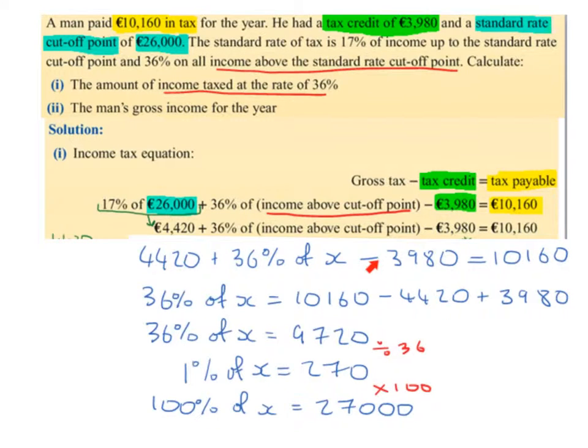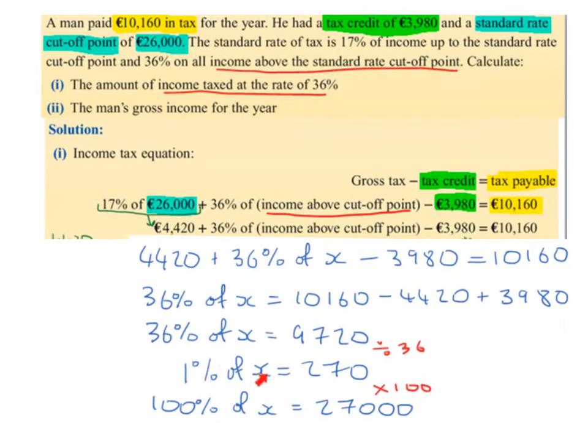That minus €3,980 became positive €3,980. And on the left-hand side, we still have 36% of X. Then €10,160 minus €4,420 plus €3,980 gives us €9,720. So 36% of X is equal to €9,720. Now we divide both sides by 36 to get 1%.